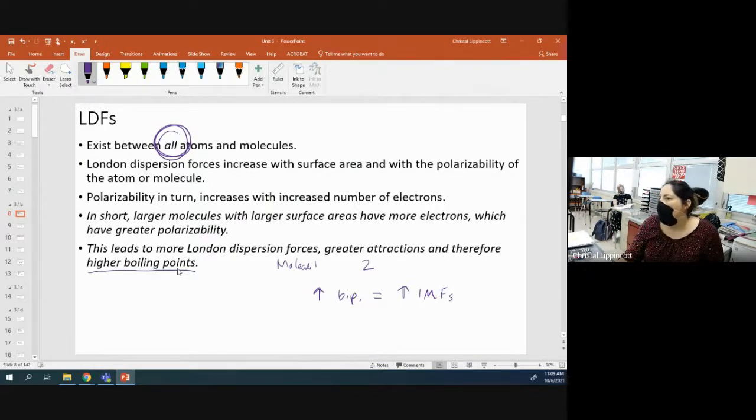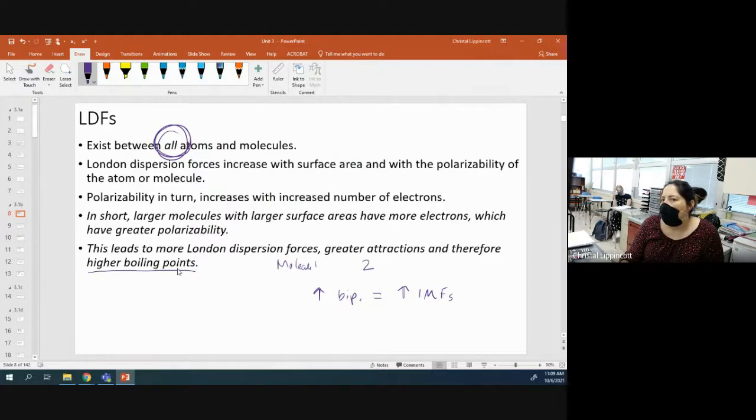When you boil something, you're getting rid of these IMFs. They're gone. These are what holds it together as a liquid, and they hold it together even tighter as a solid.